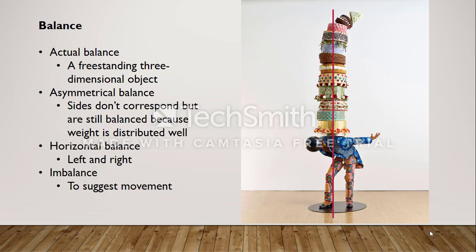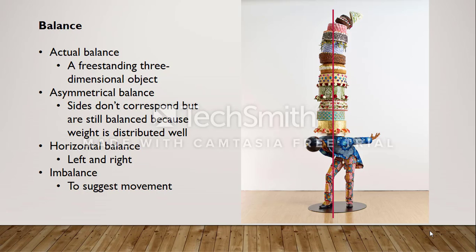In terms of balance, the sculpture can be described as having actual balance because it is a three-dimensional object that can stand on its own, as opposed to a two-dimensional representation. The balance can also be described as asymmetrical because the sides don't perfectly match up or correspond.